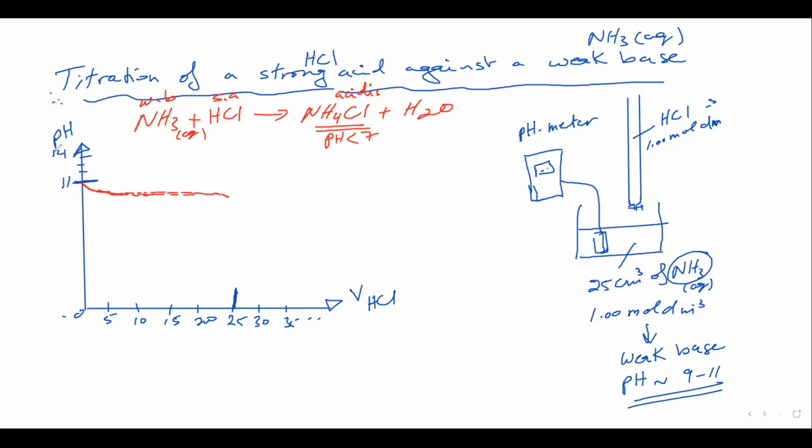We'll see that there will be a drop in pH, and this drop will go down because after the 25 centimeter cube, the solution will be strongly acidic due to the presence of HCl, and that's why the pH will drop to between 0 and 1. So there will be a drop here.